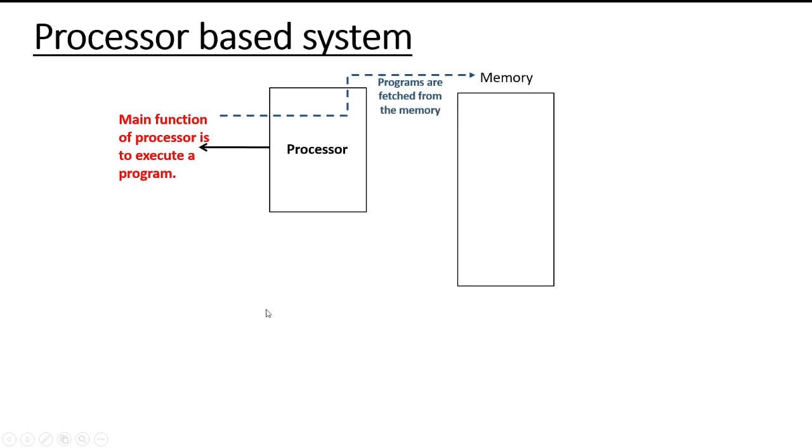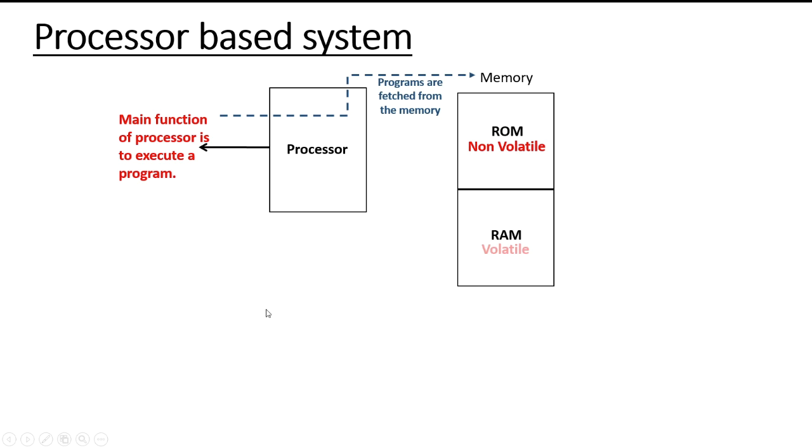In general, there are two types of memory: a read-only memory, which is called ROM, and a read-write memory or random access memory, RAM. All the instructions are stored in the ROM, which is permanent, and from there those instructions are fetched and executed by the microprocessor.